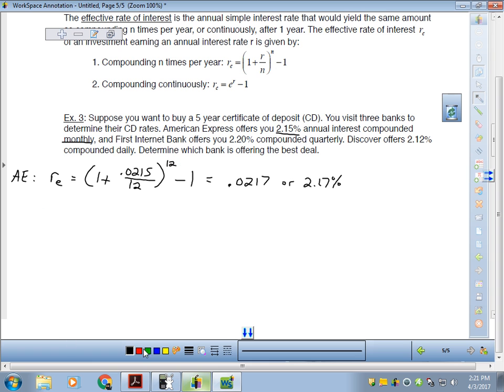All right, let me switch colors here. Our next one is the First Internet Bank, and they are 2.20% compounded quarterly. So First Internet Bank, which is FIB, their effective interest rate is going to be 1 plus 0.0220 over, since it's quarterly, it's 4 times per year, raised to the 4th power, minus 1.